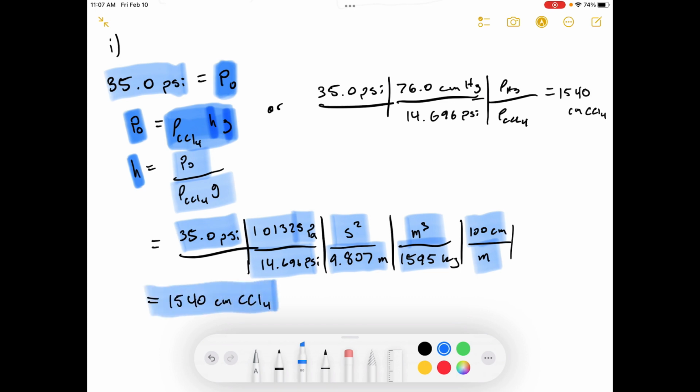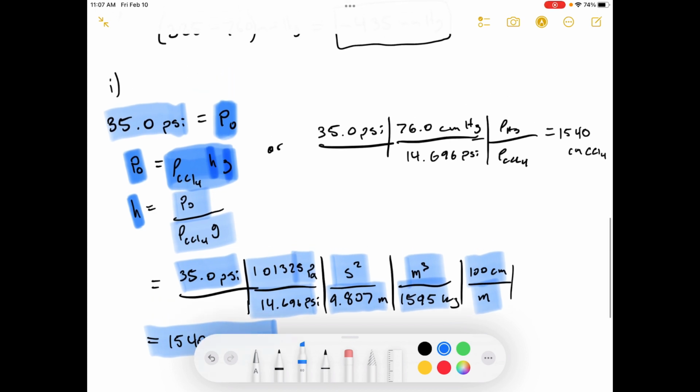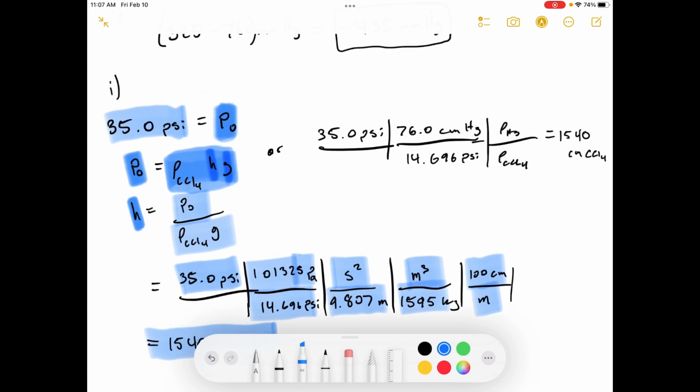Okay, the other method that you can do is say, okay, I know how many centimeters of mercury there are in an atmosphere, so I can just convert this into centimeters of mercury, and then if I know the density of mercury and I know the density of carbon tetrachloride, I can just take this ratio. So you multiply by the mercury. It's because densities are in the denominator.